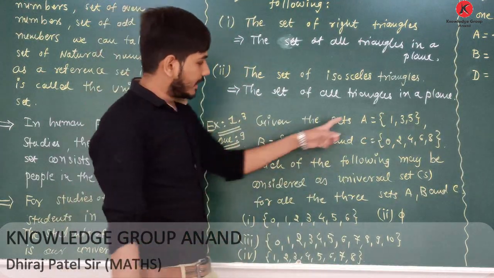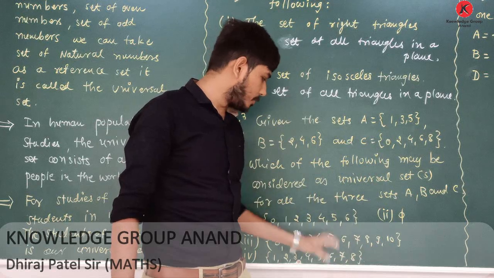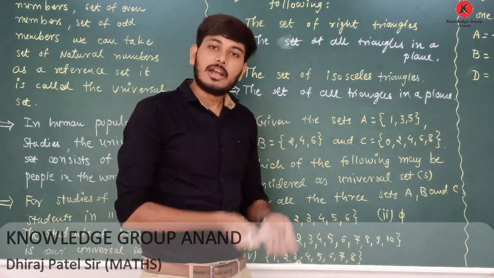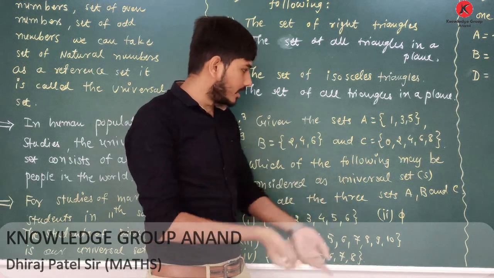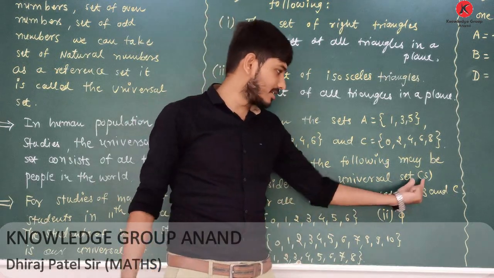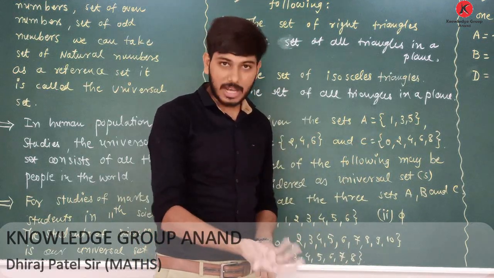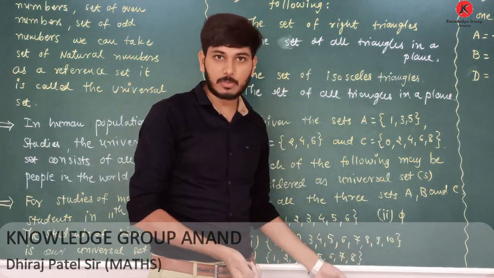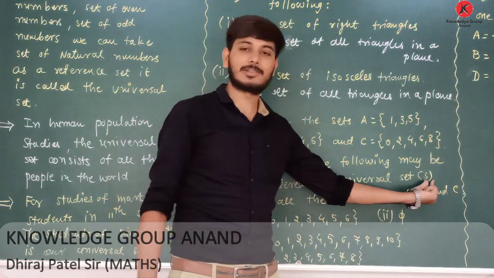There are four options given here. Select the proper universal set or sets, if possible. One or maybe more answers are possible for this case, because the question says universal set or sets.